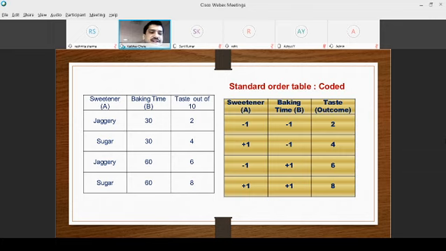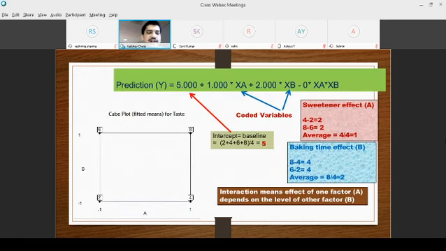When she selected sugar and 30 minutes, the taste outcome was 4. Jaggery and 60 minutes baking time, the outcome was 6. And sugar and baking time of 60 minutes, we got the taste as 8. So as per the standard order, we have 2, 4, 6, 8.